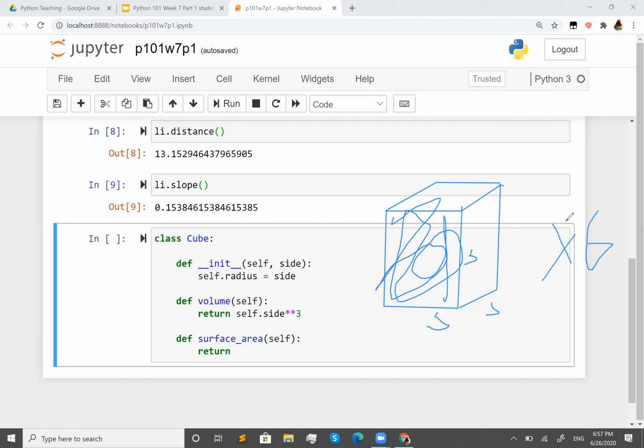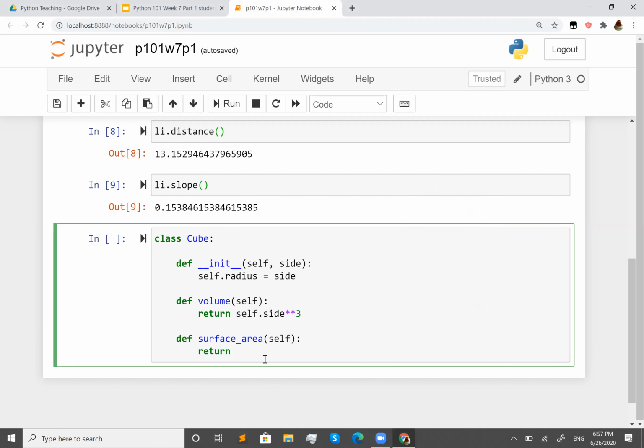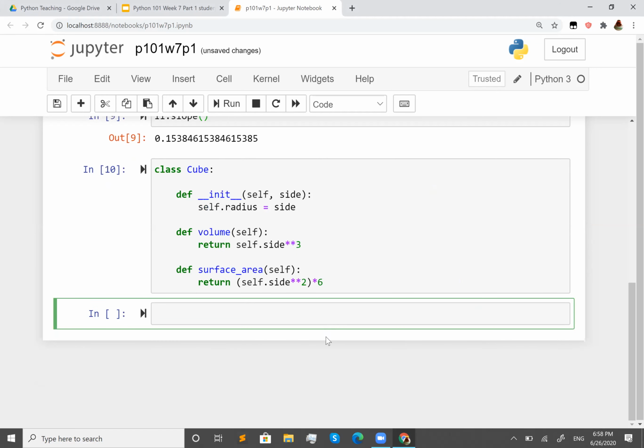So with that in mind, let's quickly return self.side squared, and then we're gonna multiply that by 6, and we're gonna do c equals cube, and Ross, give me a number. How about 5? Yeah, sure.